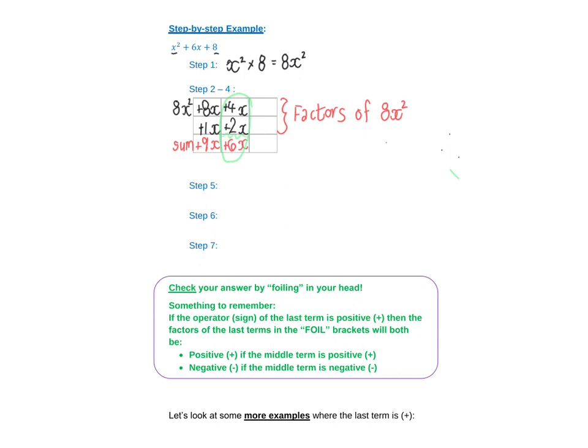So where does it go? Step 5. They said you write your first term. Ooh, that's a highlighter. Okay, you write your first term. Then you write those two values, plus 4x, plus 2x. And then we have the last term, which is still positive 8.